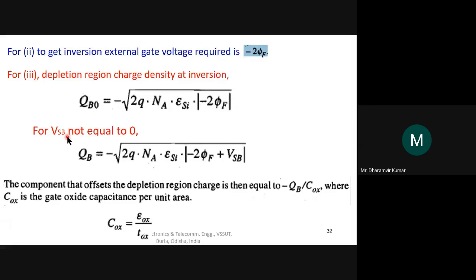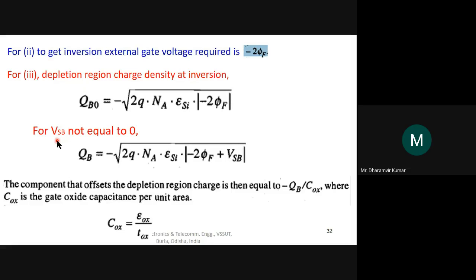But in many cases this VSB, that is the body, may not be equal to 0 voltage. It may be connected to some small voltage to bring some effect into the device.